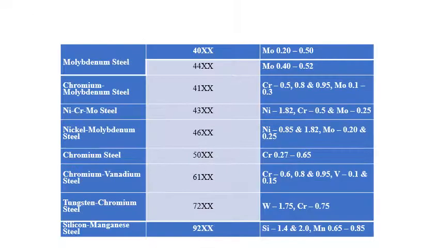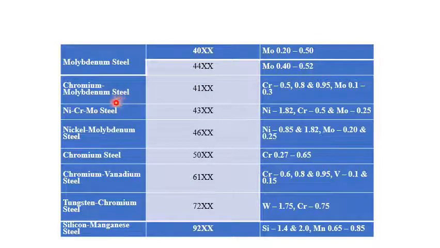Once we see the categories, for molybdenum steel the first digit is a 4 and the next digit is a 0, and here we have given a 4. 0 indicates molybdenum content will vary from 0.2 to 0.5. Here it's a 4, so molybdenum content will vary from 0.4 to 5.2.